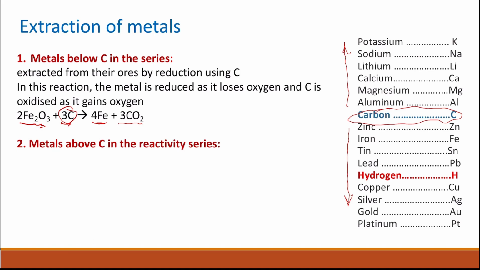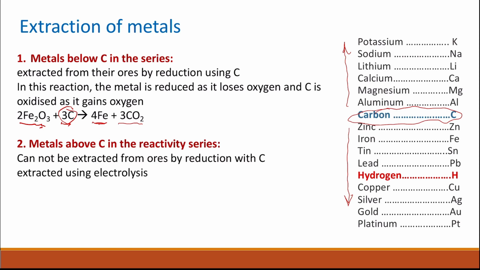What about the metals which are above carbon in the reactivity series? These metals cannot be extracted from their ore by reduction with carbon, as carbon is less reactive than these metals, so it cannot displace the metals from their salts or from their oxides.